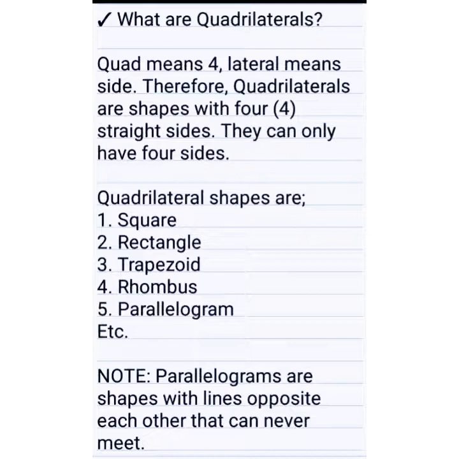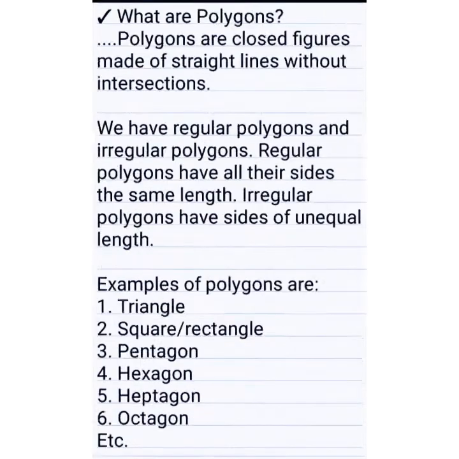Examples of quadrilaterals are square, rectangle, trapezoid, rhombus, parallelogram, etc. Note: parallelograms are shapes with lines opposite each other that can never meet. Thank you. Now for polygons.